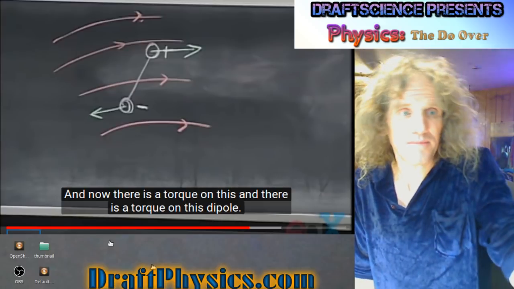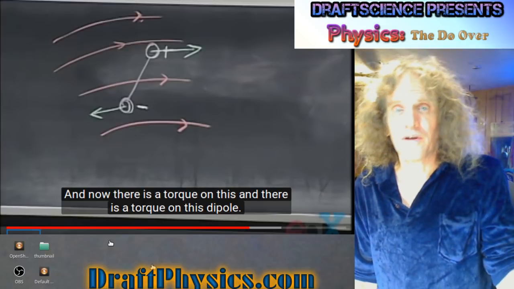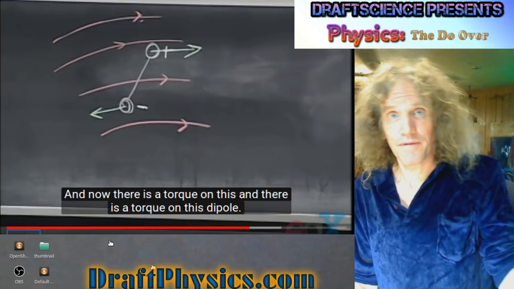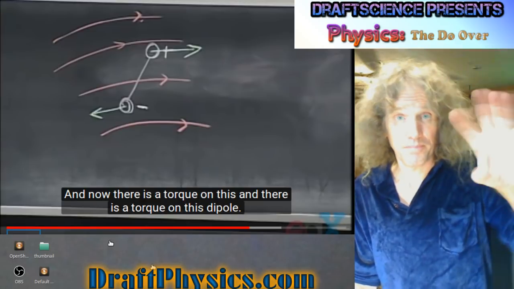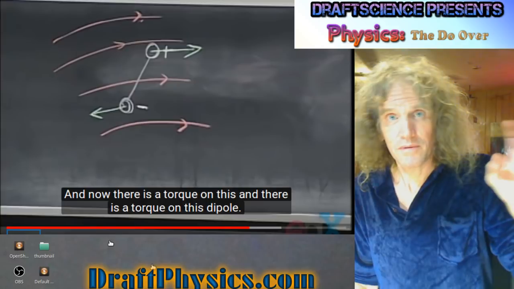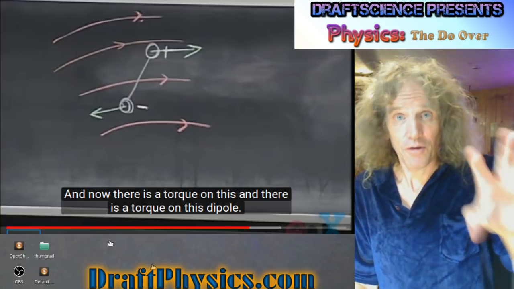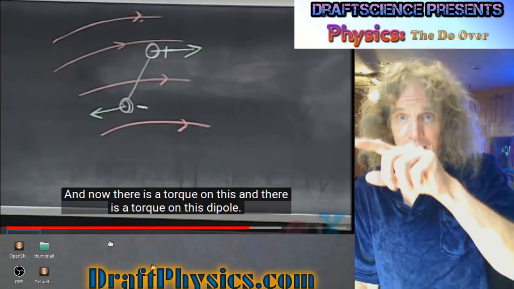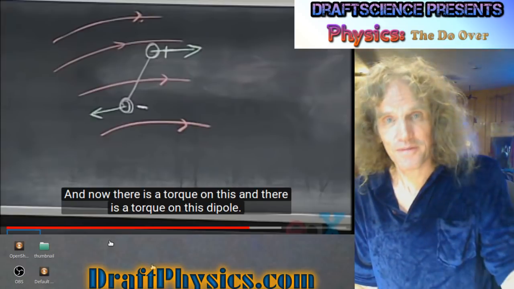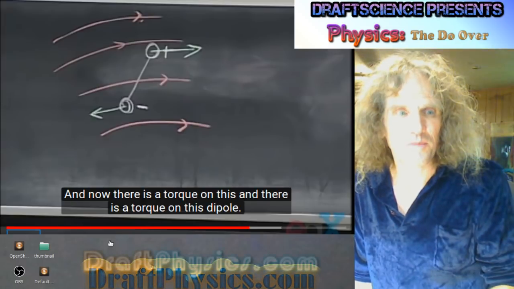It's going to move based on the orientation of the monopole. The monopole of negative is going to attract negative and repel positive. It's pretty simple.